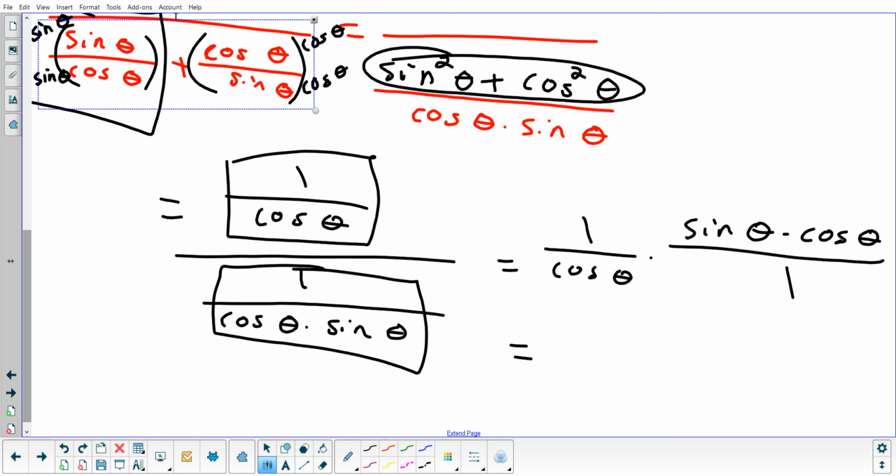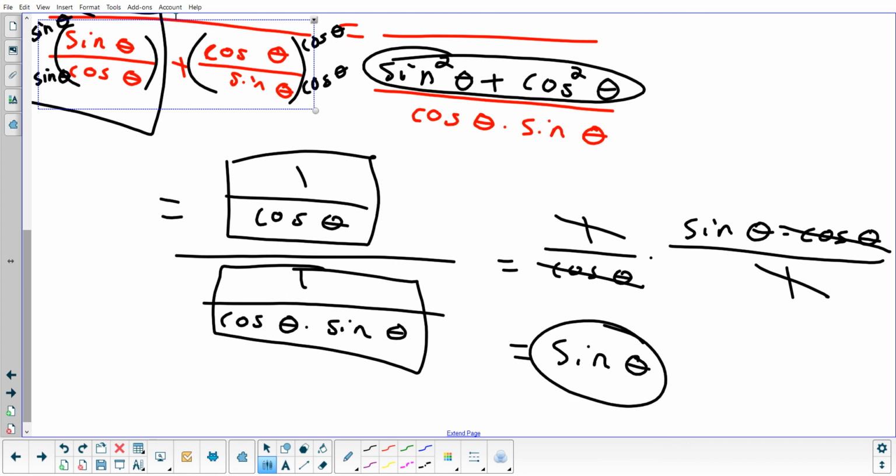And what happens there will pretty much give us our final answer. You have all multiplication, no plus sign, right? So you can cancel out the cosines. You can also cancel out the ones. And what's the only thing that we're left with? Sine of theta.